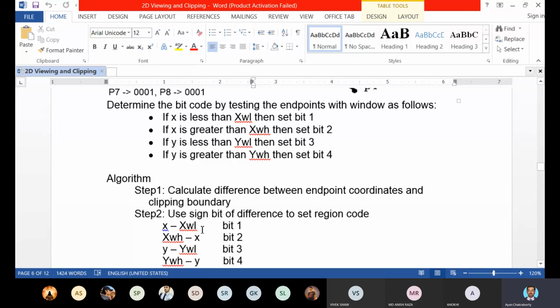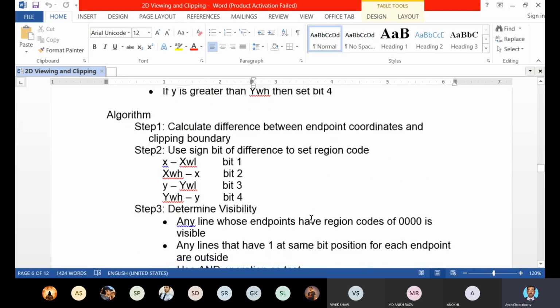The same logic has been implemented here in the algorithm. So use the sign bit of the difference to set the region code. That means create the region code where the first bit will be 1 or 0, second bit 1 or 0, third bit 1 or 0, and fourth bit 1 or 0. So in the second step, we have created the region codes.